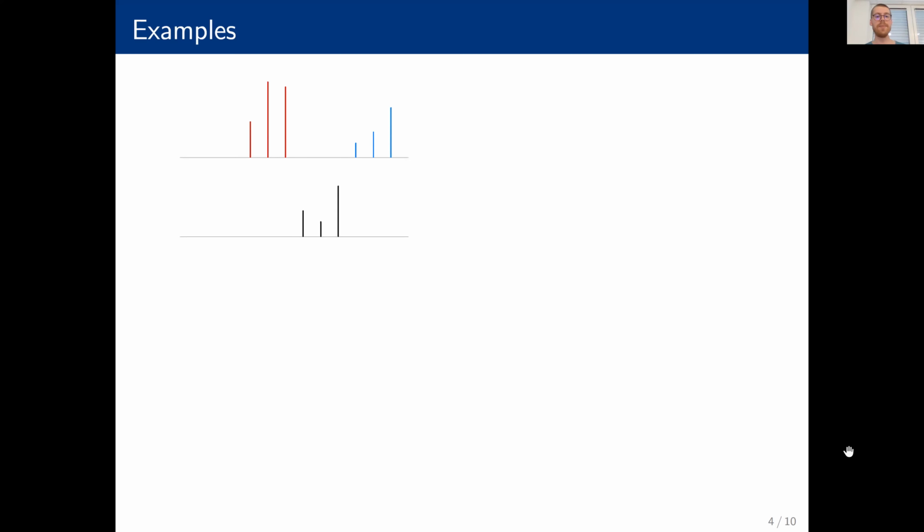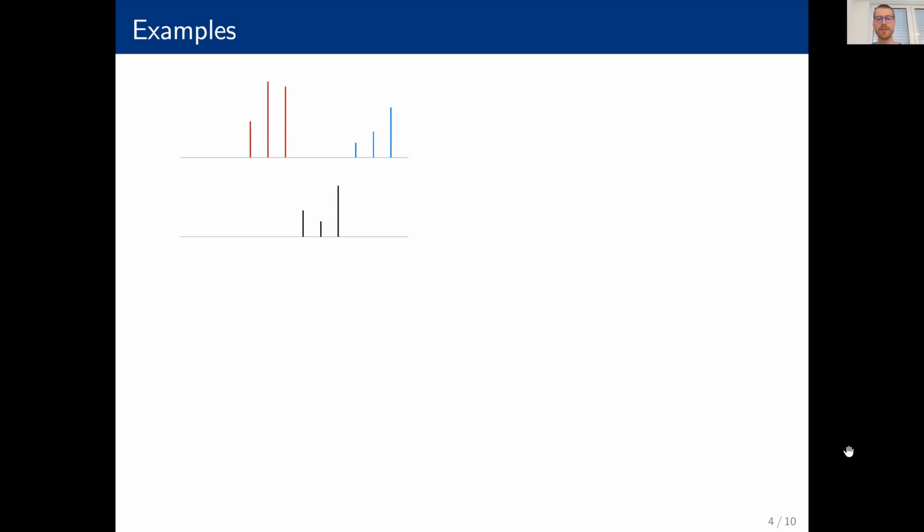So what this basically means is that we cannot relate any information from the red part to the blue part through the measurement. So we have some part of the measurement which just captures what happens in the red part, and some part which just captures what happens in the blue part, but there's no way to put this information together in order to actually recover the whole signal.